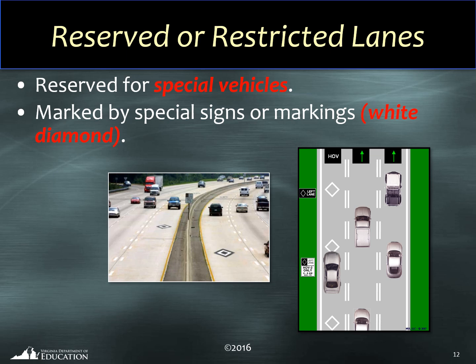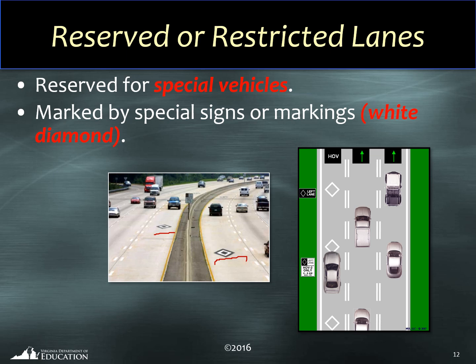Okay, so now pavement markings, these for reserved or restricted lanes. Now, as you can see here on this picture, there is a diamond here, there's a diamond here. That indicates HOV, and HOV stands for high occupancy vehicle. Those lanes are specifically reserved for cars carrying a certain number of people.